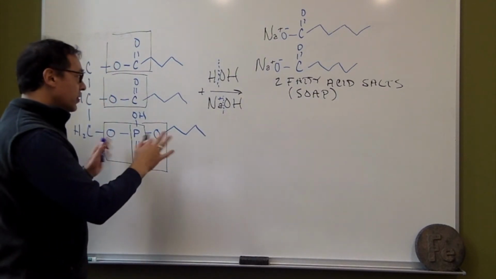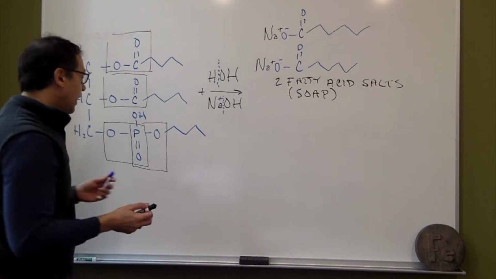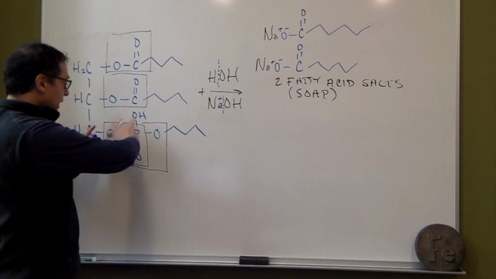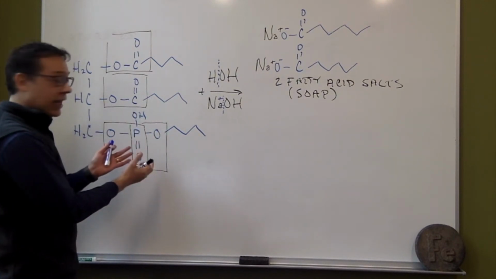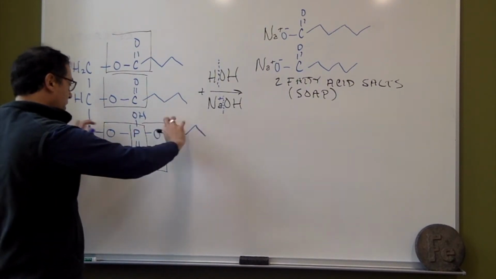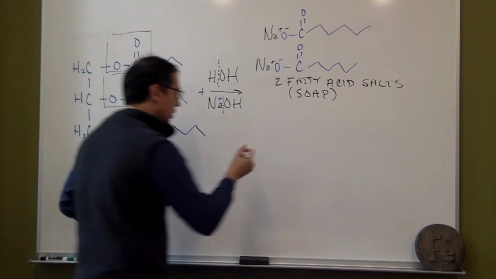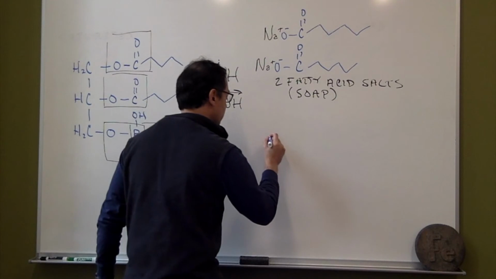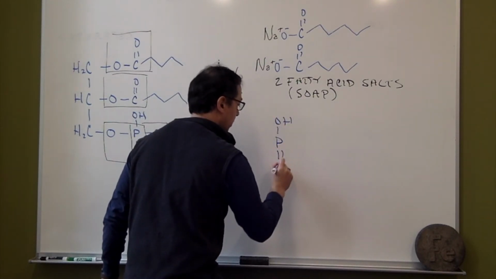The rest of this is going to look fairly similar to what we did before. We're going to take this phosphate ester, this phosphate diester, and pull apart the linkages. So I'm going to put in my phosphate here, double bond O, like that.